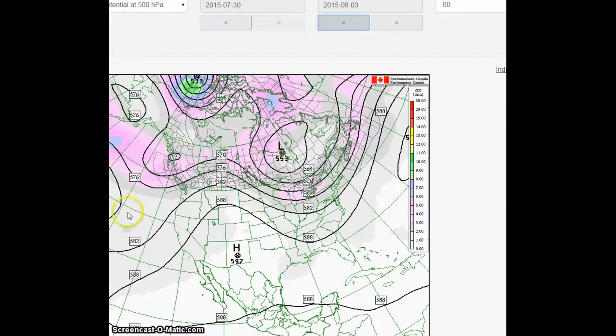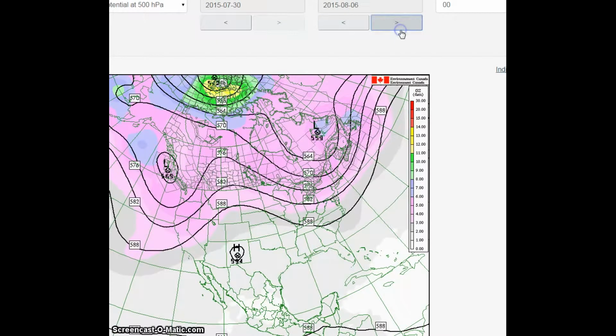Here's the second. So we have a trough here. This is the NAEFS. Here's the ridge over the Rockies, centered over the southwest. And we go to the 6th, and you can see a pronounced trough. We have a low here, and a trough across this area.